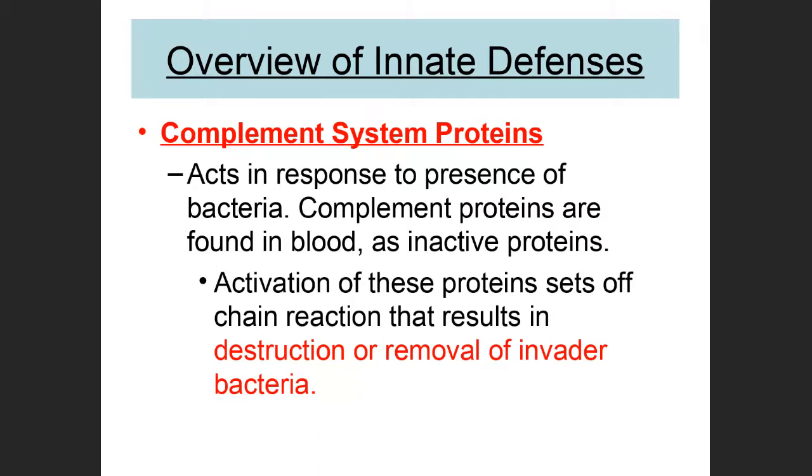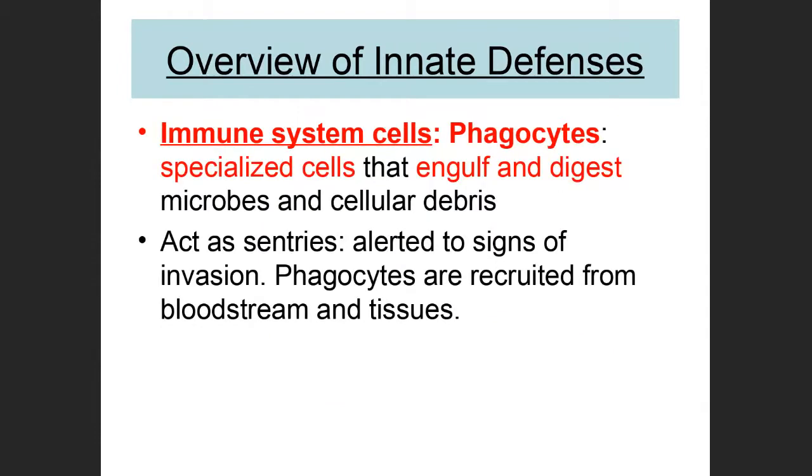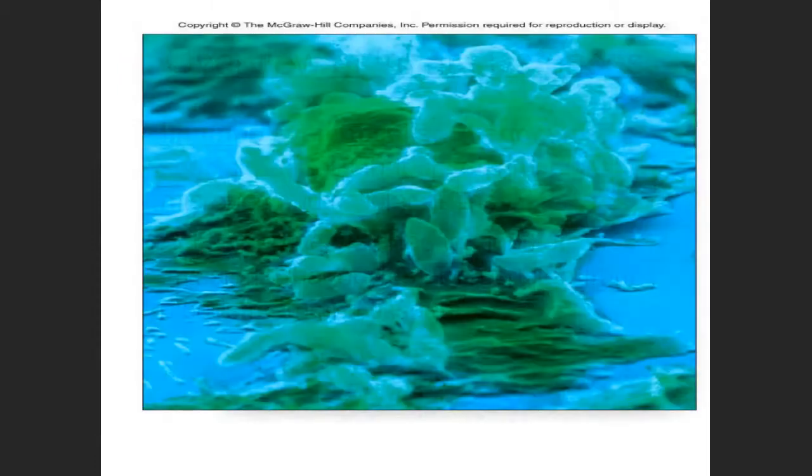Complement proteins are proteins made by the liver. They are immune proteins, and they are found in the blood circulating in an inactive form. The presence of bacteria is going to activate complement, and we'll see what happens here in a minute. Phagocytic cells are cells that can roam around and find and destroy infectious agents, bacteria.